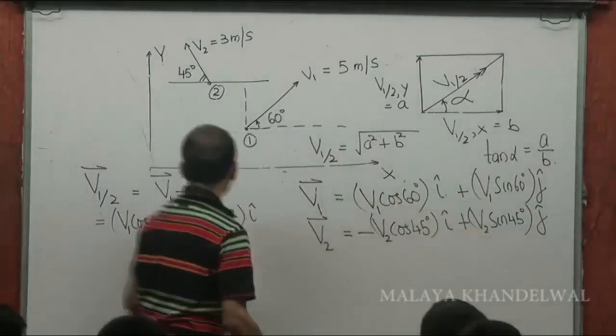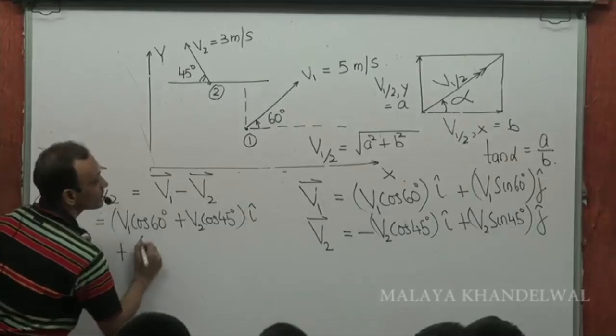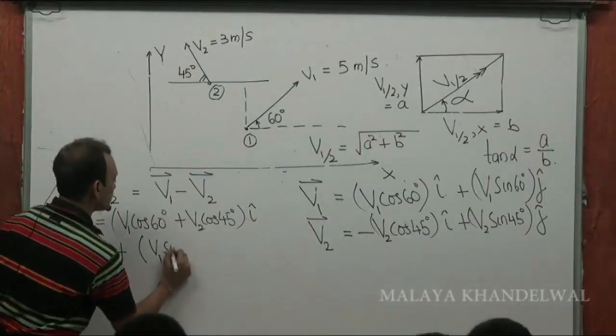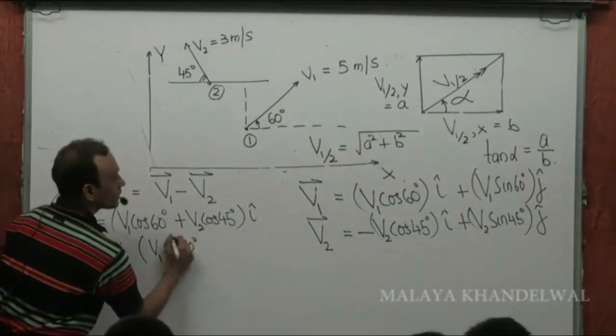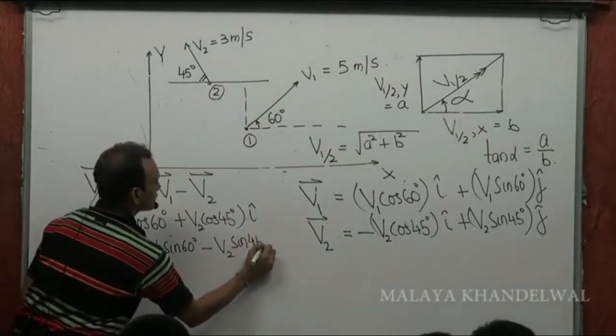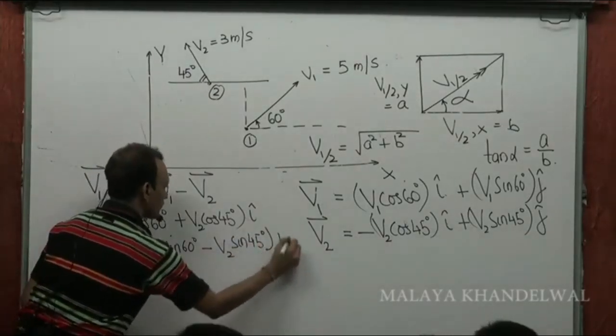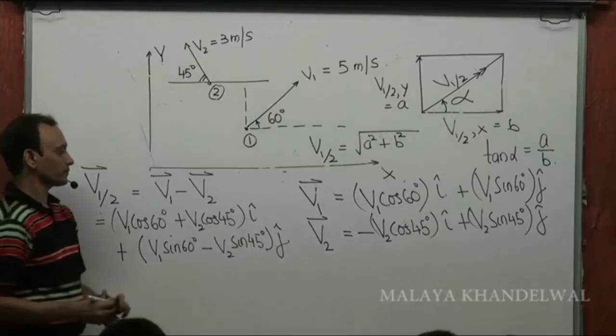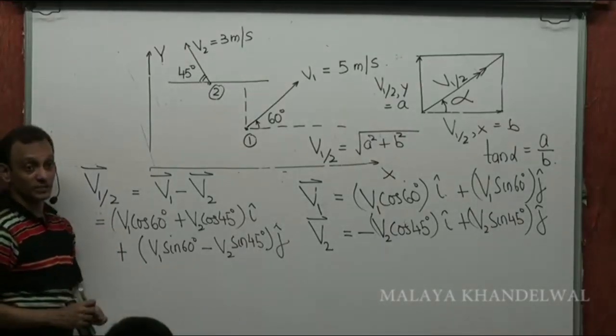And these two would constitute the j cap, v1 sin 60 degrees minus v2 sin 45 degrees j cap. That's velocity of 1 with respect to 2.